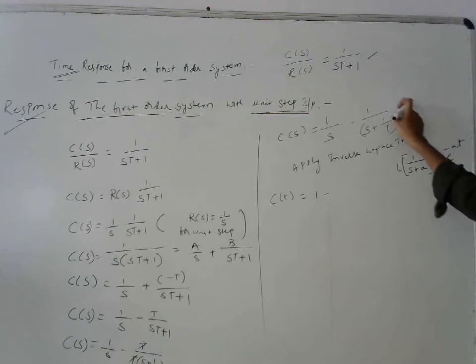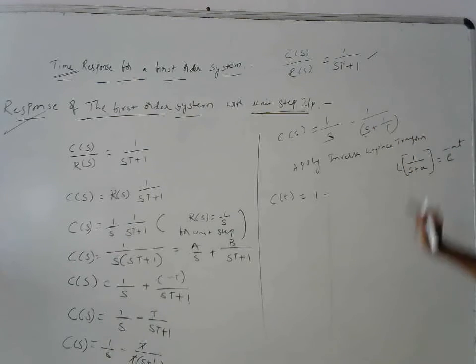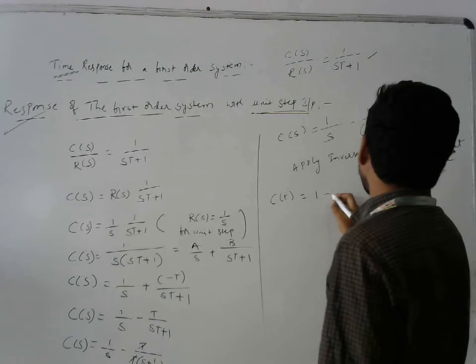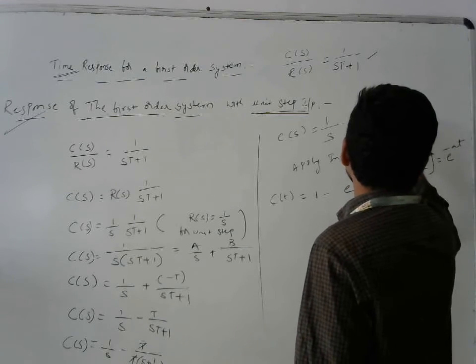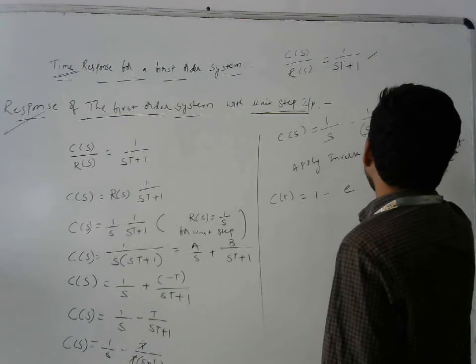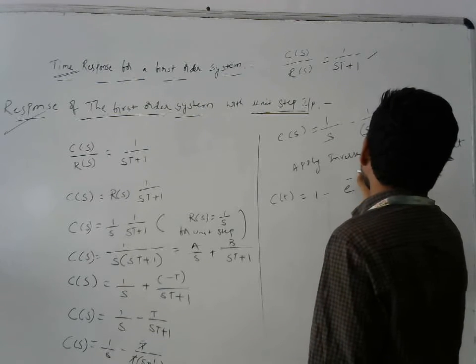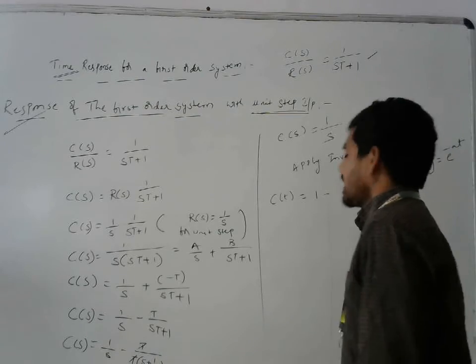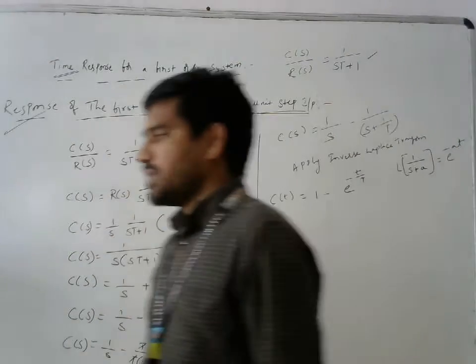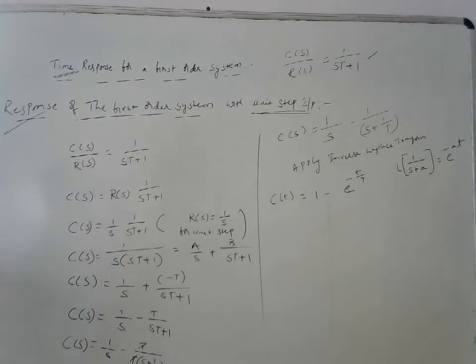Now we are going to apply the inverse Laplace transform to this. Then we are going to get 1 minus e power minus, in the place of a, how much we are having? Minus t by capital T. 1 minus e power minus t by capital T we are going to get.